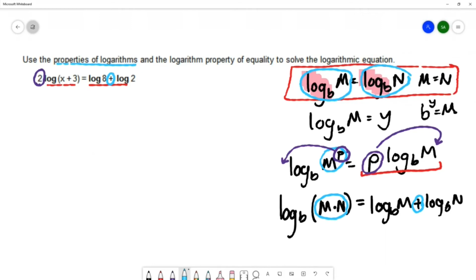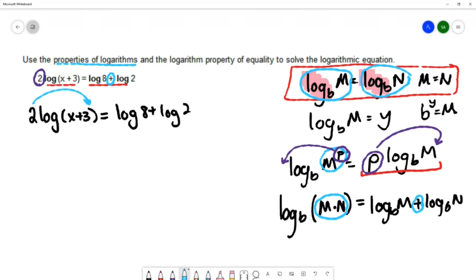So let's write our problem out and work on this example. We have 2 log of x plus 3 equals log of 8 plus log of 2. So we'll use that power rule for logarithms to move that coefficient of 2 into the power. So the left-hand side becomes log of x plus 3 squared.